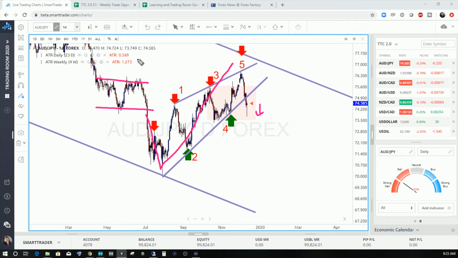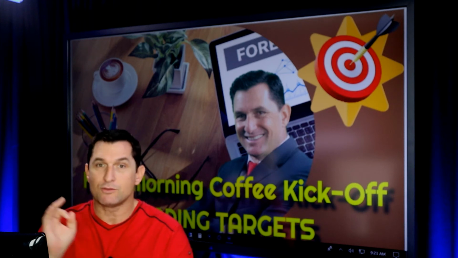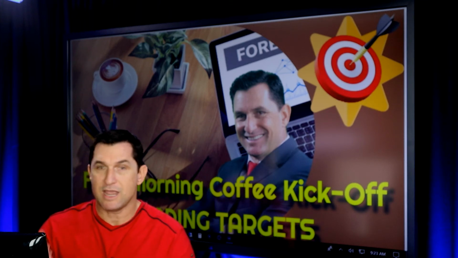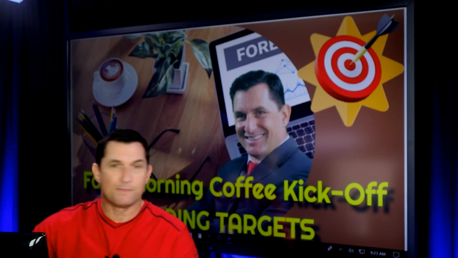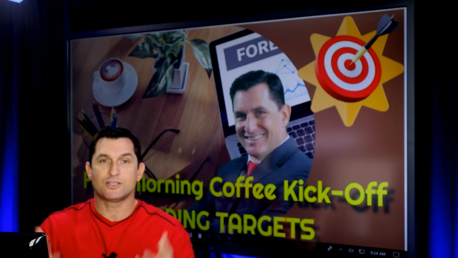Which means that the Aussie JPY could be heading into a trending phase, which, by the way, traders, we may want to get the heck out of Dodge with our target trading, take our profits, and start thinking about trending moves. If the market's at resistance, get out of targets, take your profit, and then start thinking about selling that short.